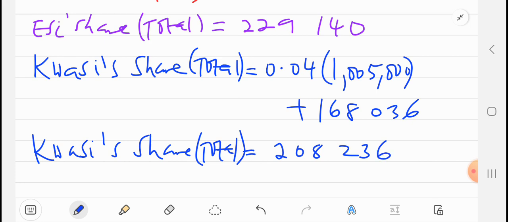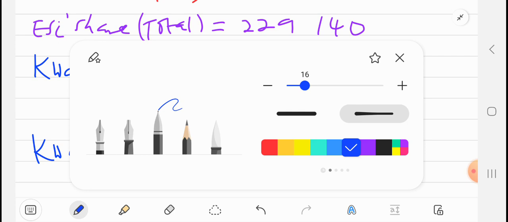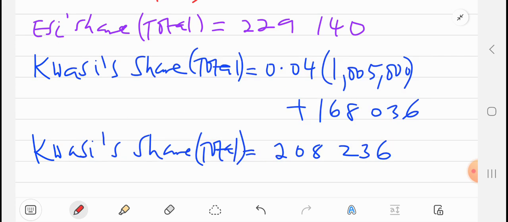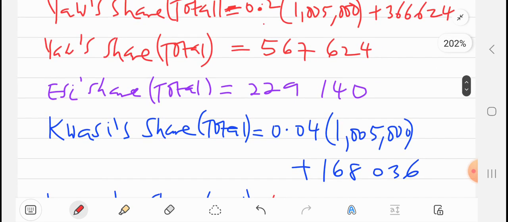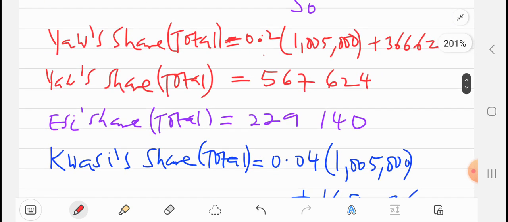If you add all these. So in other words, Kwasi is going to get this total in Ghanaian cedi, and SC is also going to get this in Ghanaian cedi.